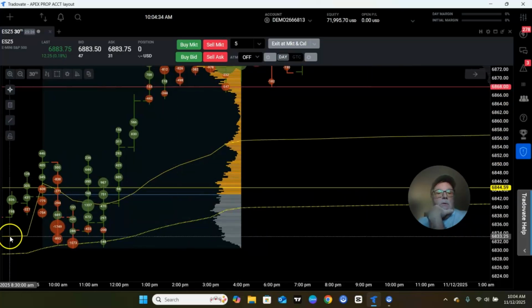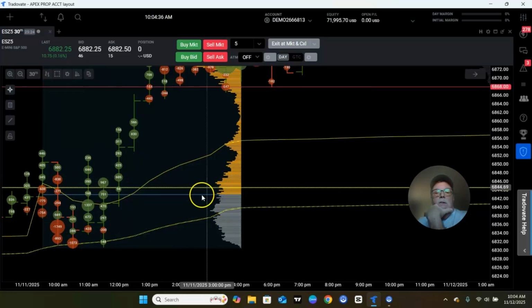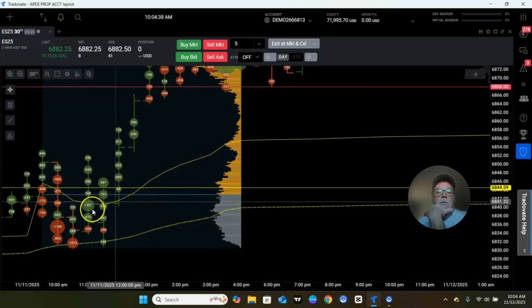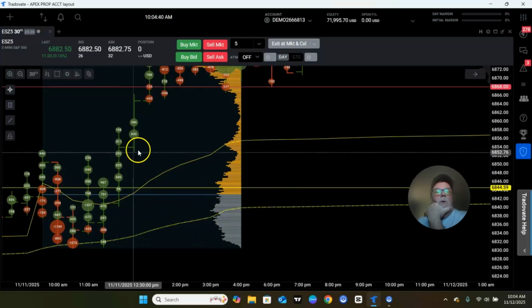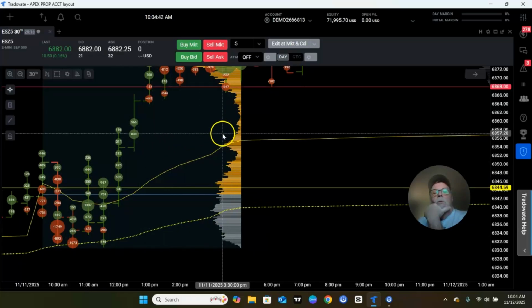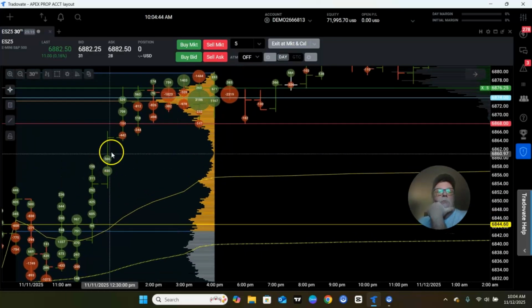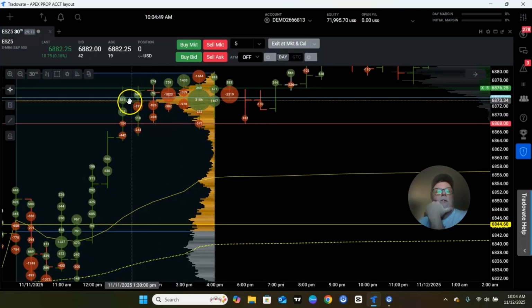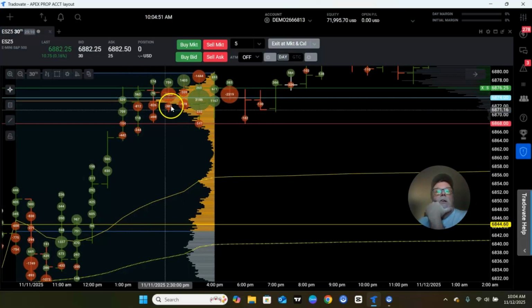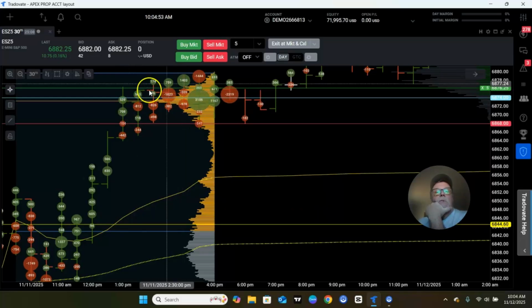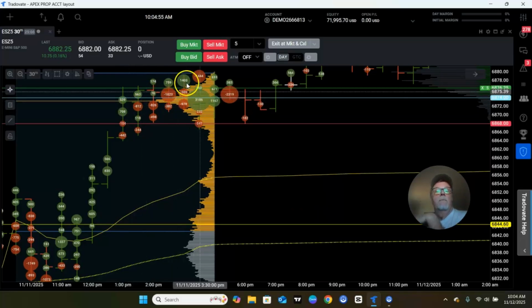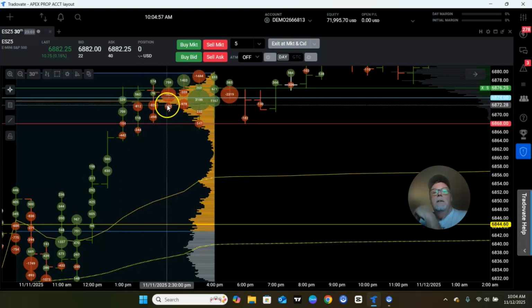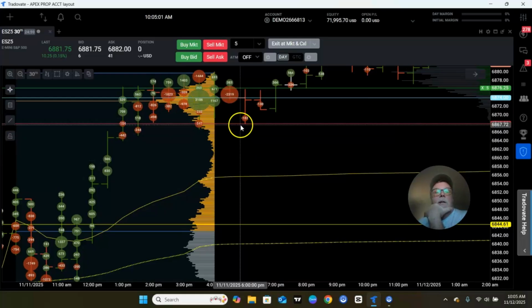So yesterday we traded down in this distribution in the morning. We got above it. There was no interest. Price went up. There was interest in taking the other side over here. So there was some selling that went on over here. A lot of volume here. Good levels to watch.